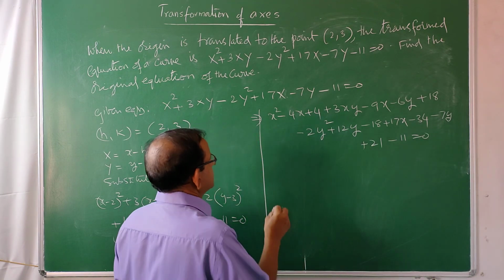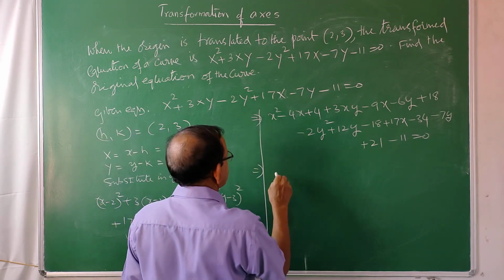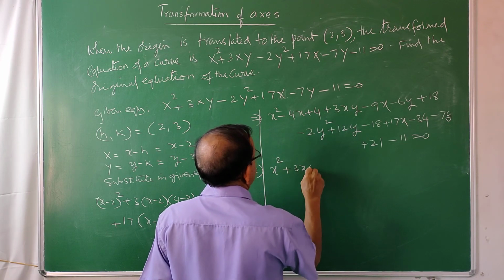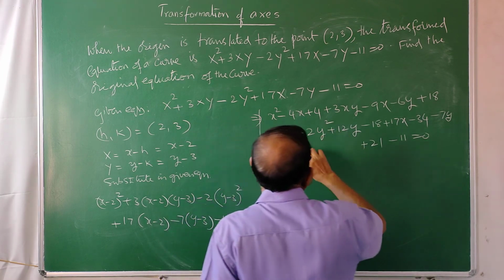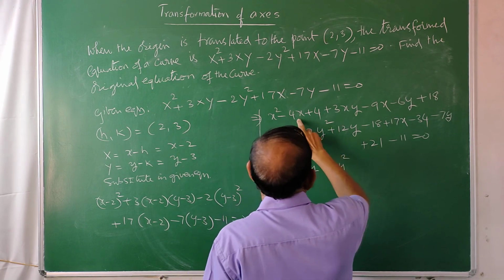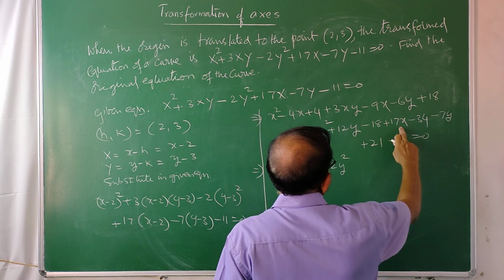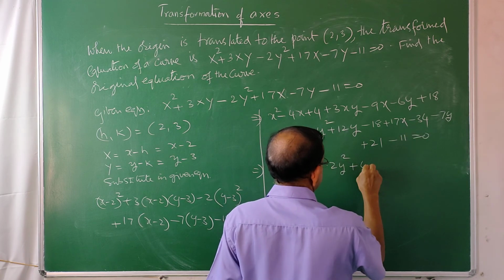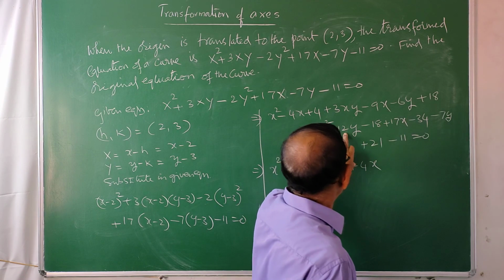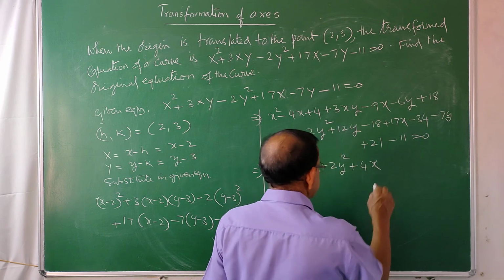Now let us further simplify this equation. X square plus 3xy minus 2y square. Next x terms, minus 4x minus 9x minus 13x plus 17x plus 4x. Next y term, minus 6y plus 12y means plus 6y, plus 6y minus 7y, that is minus y.